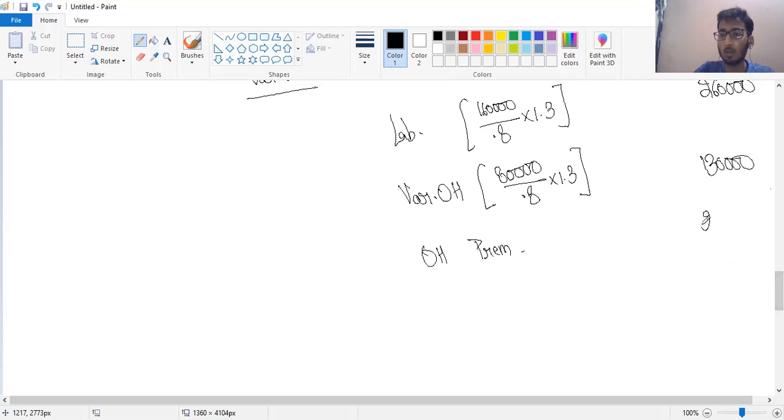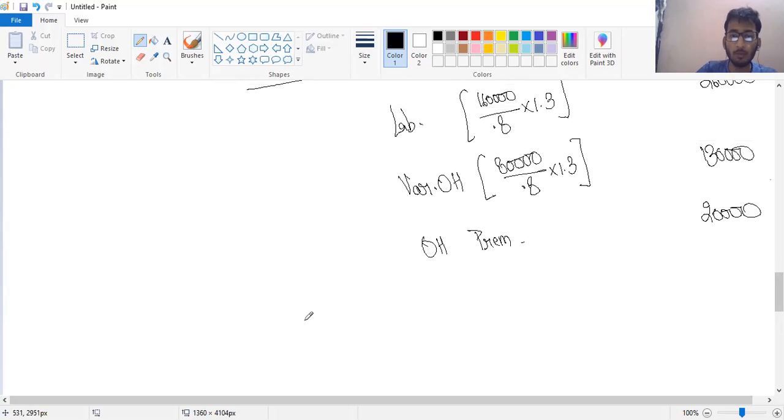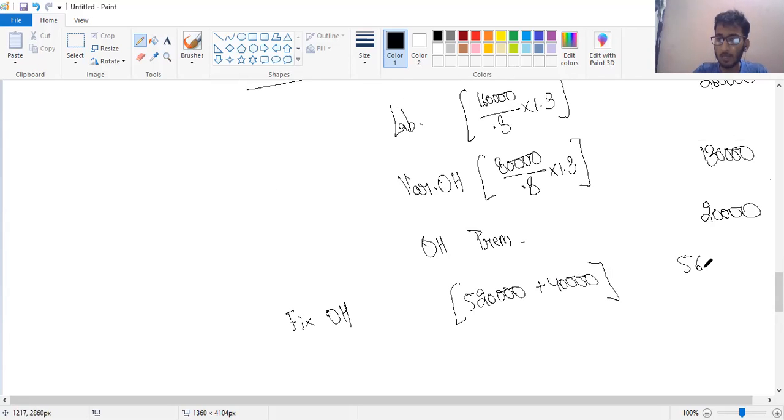The overhead premium would be 20,000 simply. Okay. Now what would be the fixed overhead? The fixed overhead is 520 earlier plus 40,000. So it would be 5 lakh 60,000.